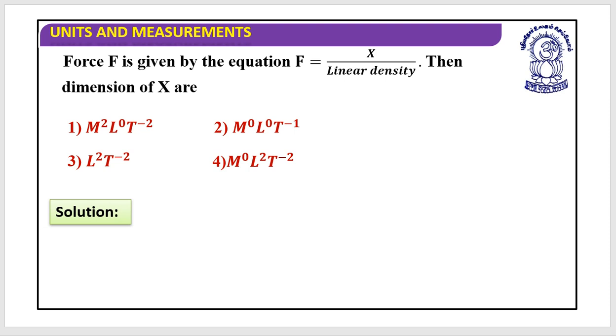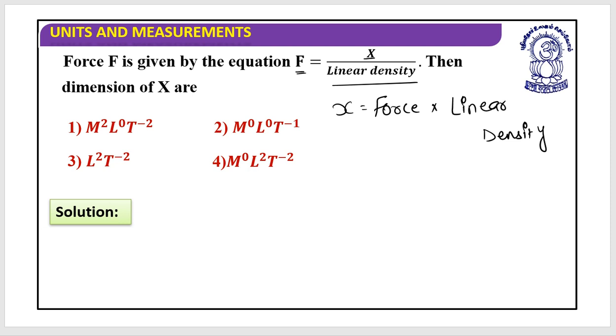They have given that force F is given by the relation F is equal to x divided by linear density, and what they require is the dimensions of x. How can you do this? So x should be equal to force multiplied by linear density.